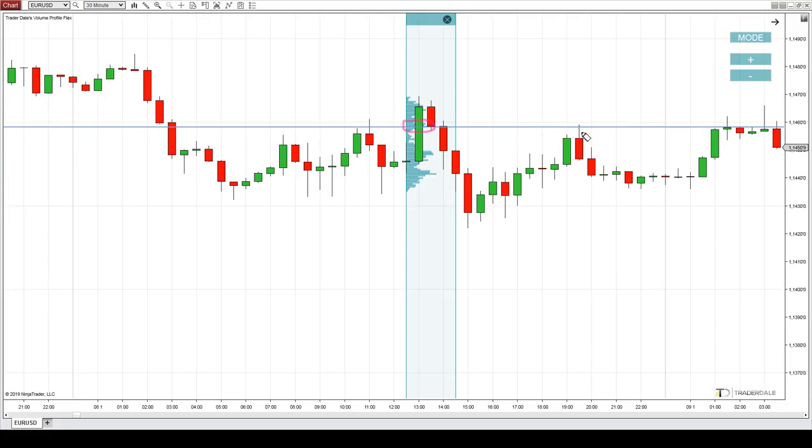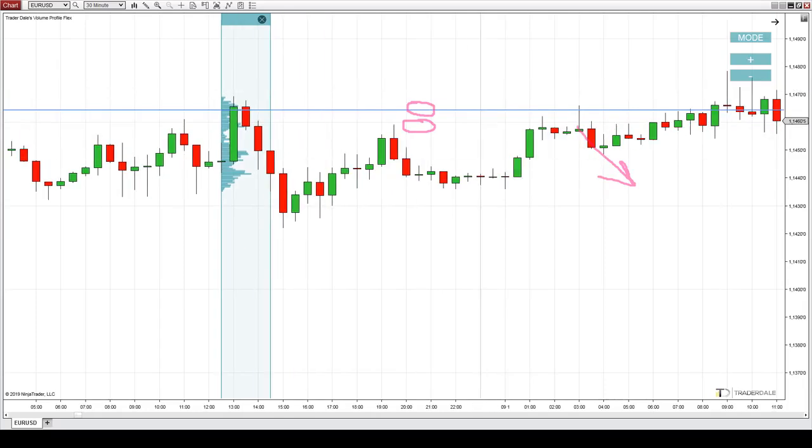And this was the reaction to the level. Also pretty spot on, pretty nice one. By the way, there was also volume cluster in here a little bit higher. And this was the reaction to it. Also over 10 pip reaction, so this one would also be a winner. But in real trading, I would have only taken this one, the lower one, the heaviest one. Alright?